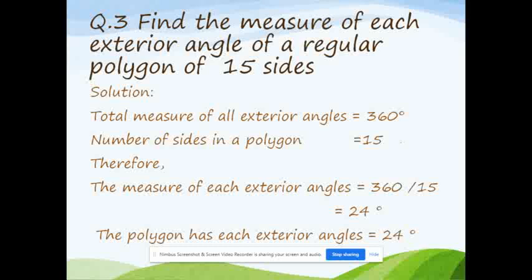Therefore, each exterior angle of this polygon is 24 degrees. If you simplify by dividing by 3 and then by 5, you can get the value 24 degrees.